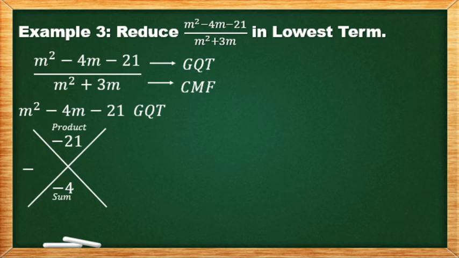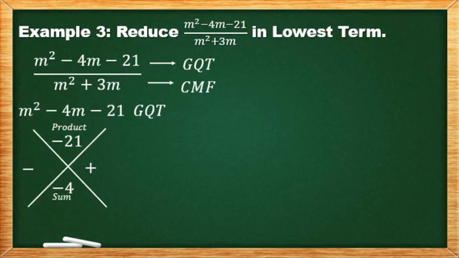So, meron tayong negative and positive. And observe again the sum. Ang sum ay negative 4. So, ibig sabihin, the bigger number should be negative. Kasi negative yung sum. The rules of adding integers, copy the sign of the bigger number. Diba? So, that's why dapat negative yung bigger number ng factor na yon.